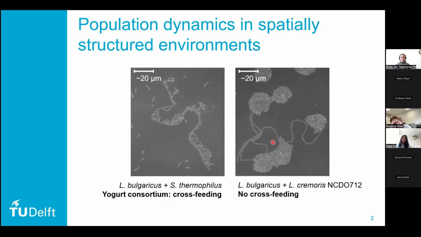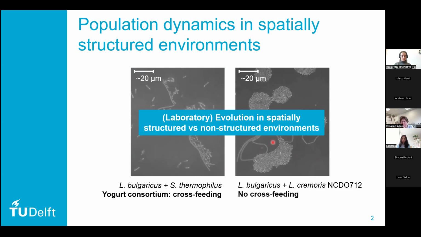This shows that spatial structure affects the way that microbes grow, and the way that microbes interact with each other affects, again, the way they form a spatial structure. I think it is really interesting to try to understand what is going on in these systems and how it affects how organisms interact with their environment and with each other.